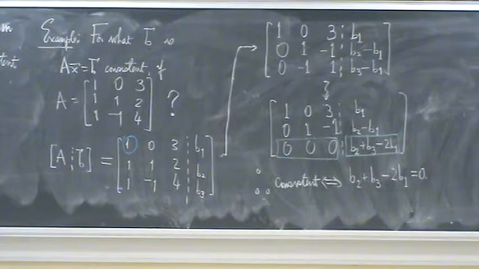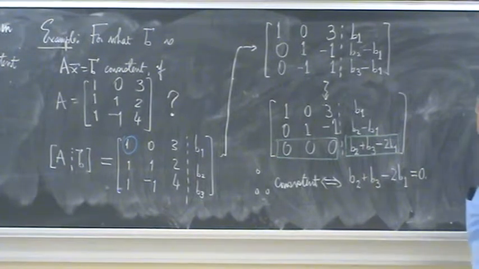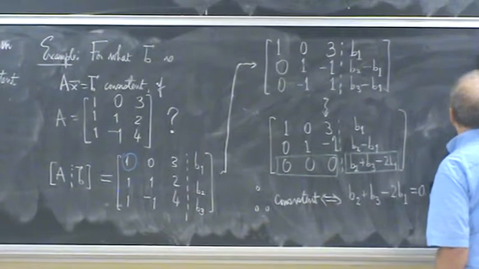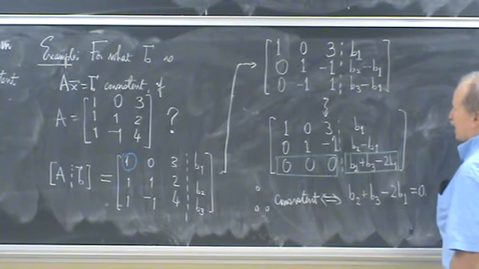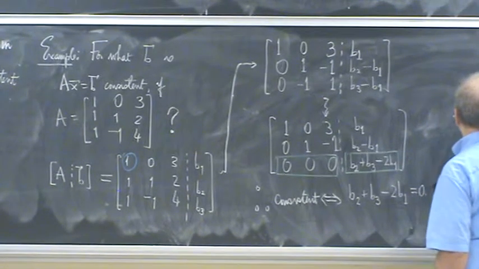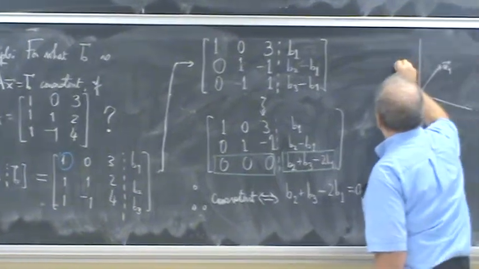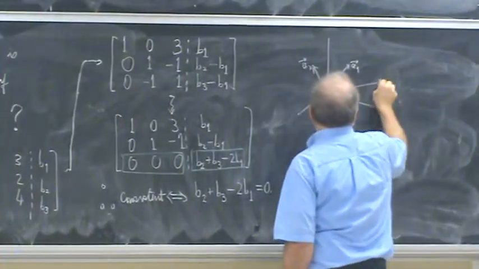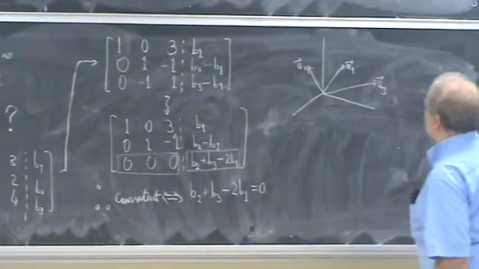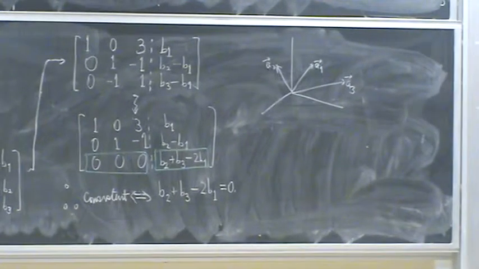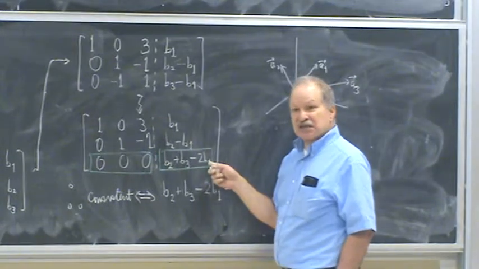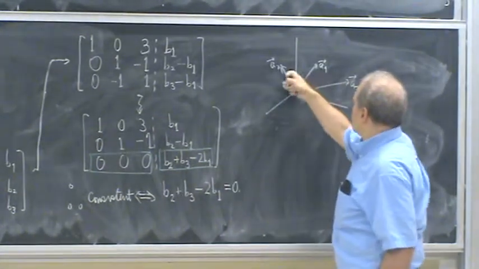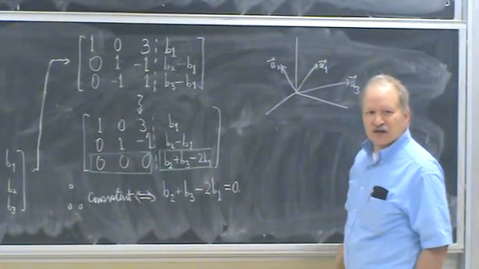So now what can you conclude? Here you have these 3 vectors. The columns, I'm not going to draw them to scale, obviously. The fact that there's a constraint equation for Ax equals b to be consistent tells you what about the span of these 3 vectors?